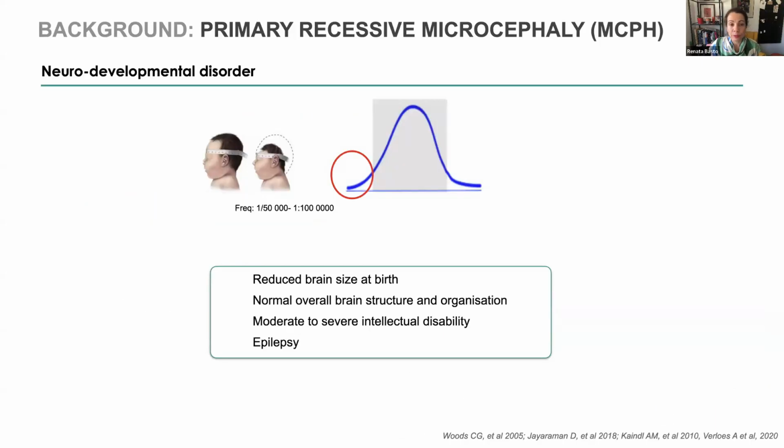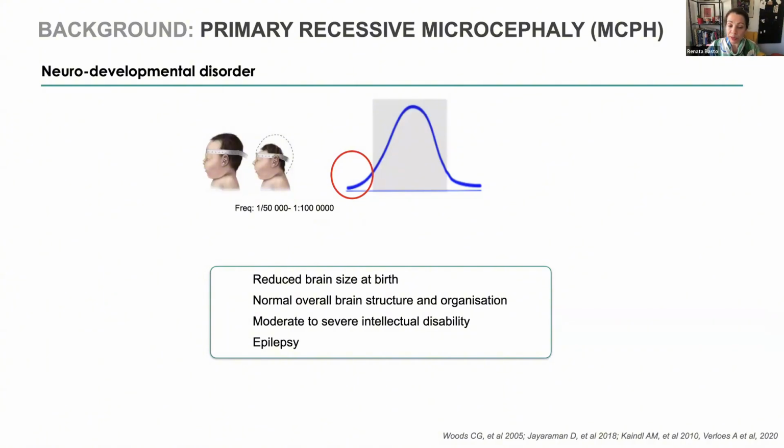So the entry point to studying the brain comes from the knowledge that there is this human disease called primary recessive microcephaly, or MCPH. This is a neurodevelopmental disorder that's considered to be rare because the frequency is between 1 in 50,000 to 1 in 100,000.